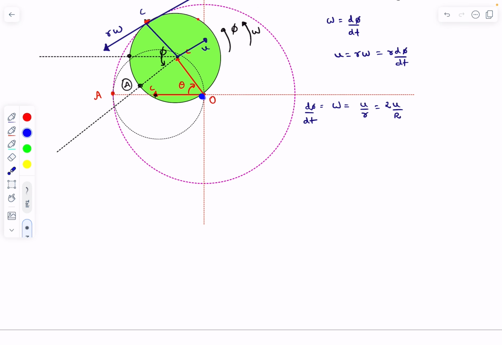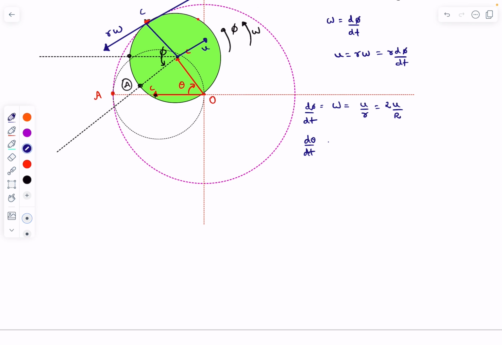Now let's calculate d theta by dt. Theta, once again, is the angle made by the line CO with the horizontal. The perpendicular velocity of the point C is u, and that divided by the distance CO gives us the omega of this line.